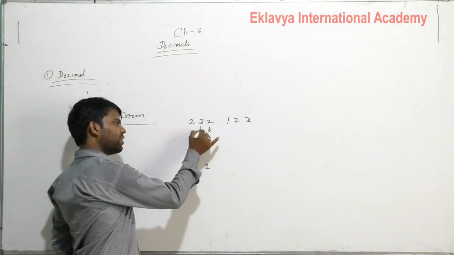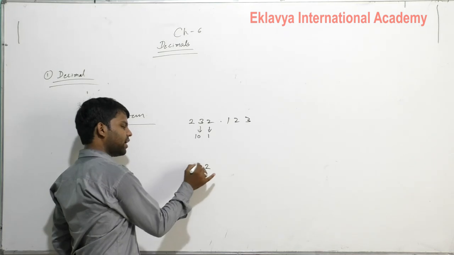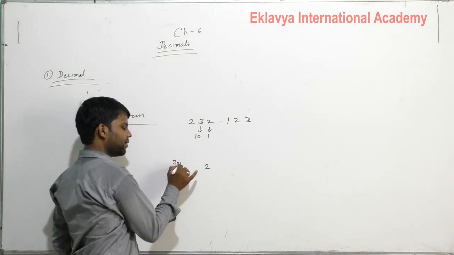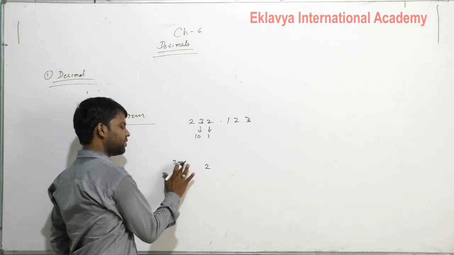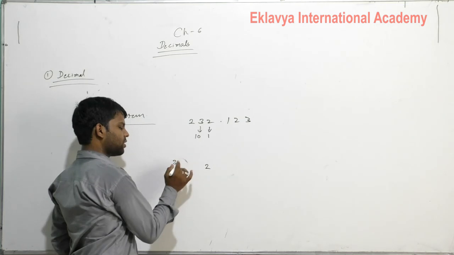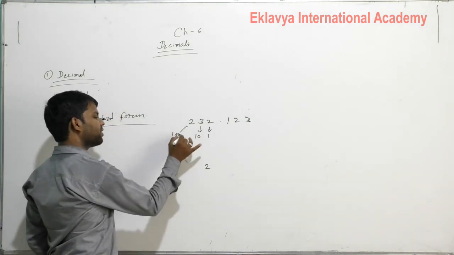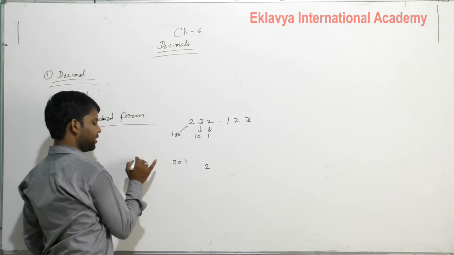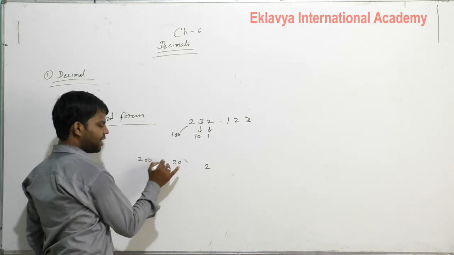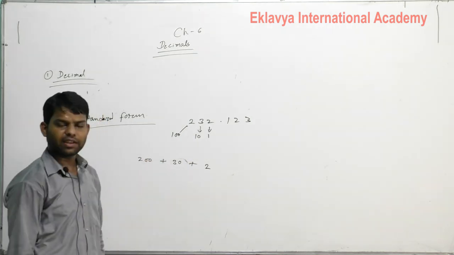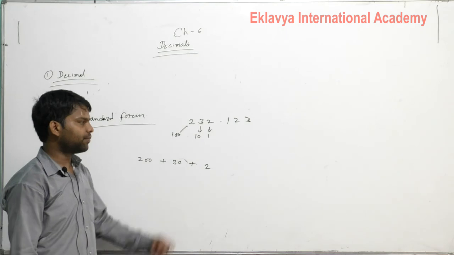The second number's place value is tens, so we write 3 multiplied by 10, which is 30. The third number's place value is hundreds, so we write 200 and put the plus sign between all numbers.